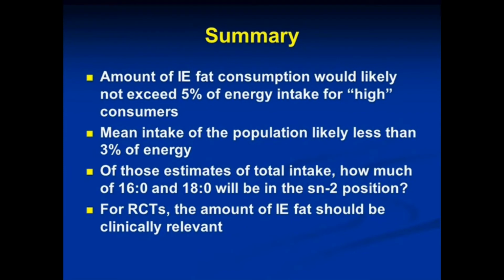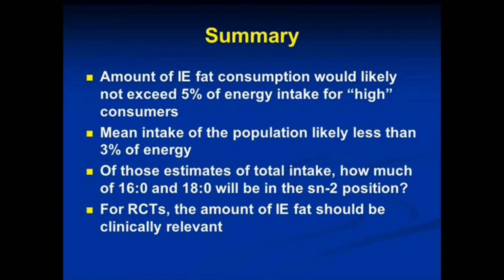So just to summarize, based on the modeling exercise, the amount of interesterified fat consumption would likely not exceed 5% of energy for people who would be high consumers of interesterified fats. Again, those are the people who are going to be eating a lot of pastry products. They probably have some other dietary issues that they should consider.